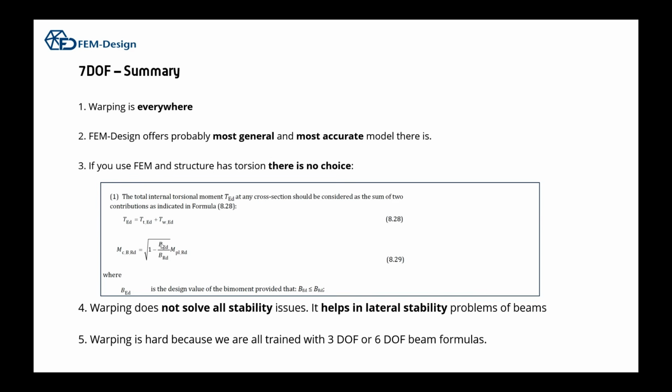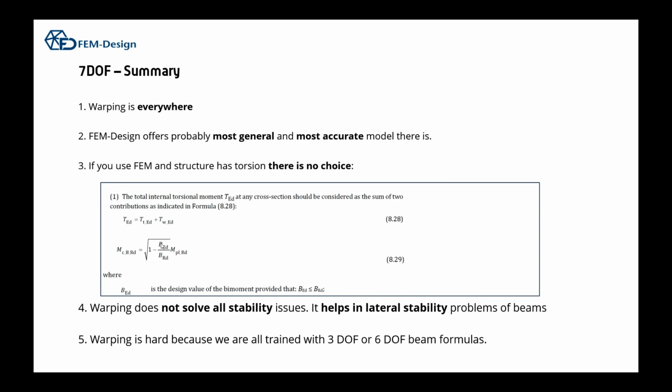And we will discuss this later, but warping does not solve all of your stability issues, because there are always local stability issues in beams. This only solves the torsional distortion of the cross section, but not other types of distortions. So it only helps in lateral stability problems of beams, but there's still local buckling and distortional modes of cross sections which it doesn't handle.